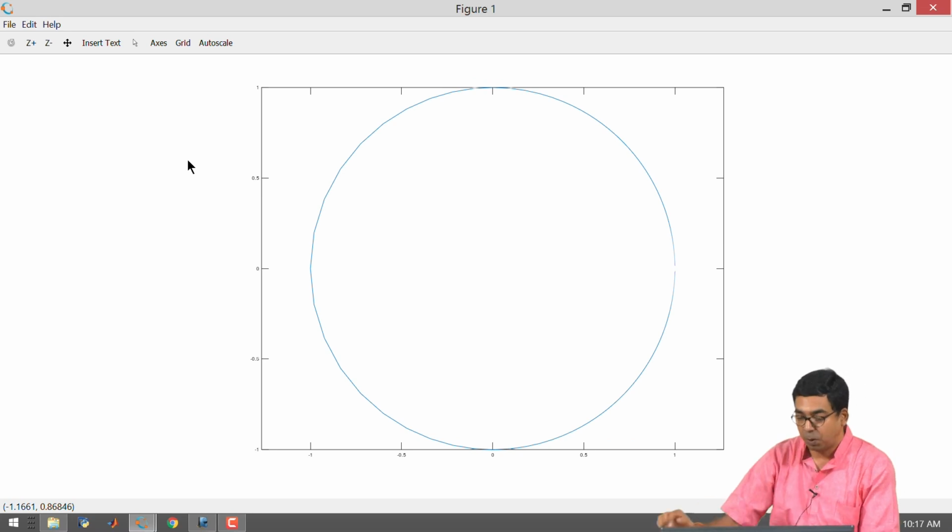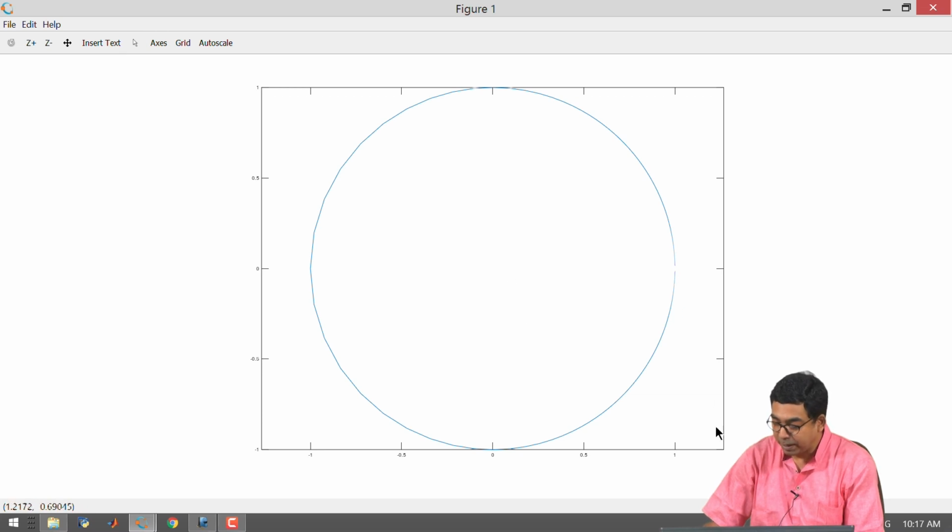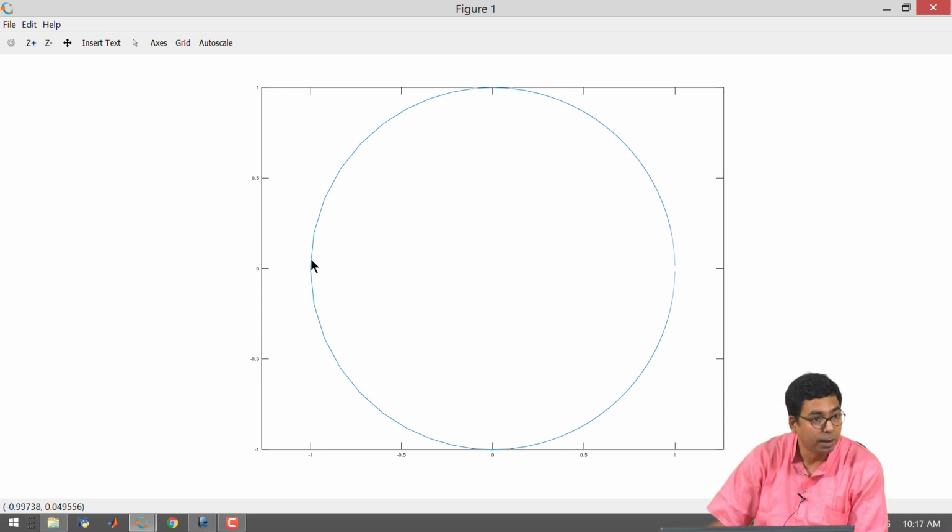Okay. So, what this means is that the center of the circle here that we observe is 0, 0, all right, and on the right hand side I notice that it is having a radius of 1, all right. So, it is a unit circle, and that is it, all right.